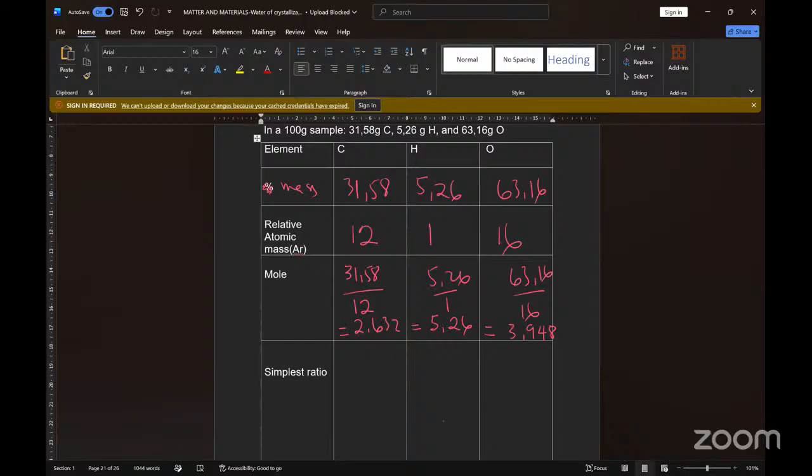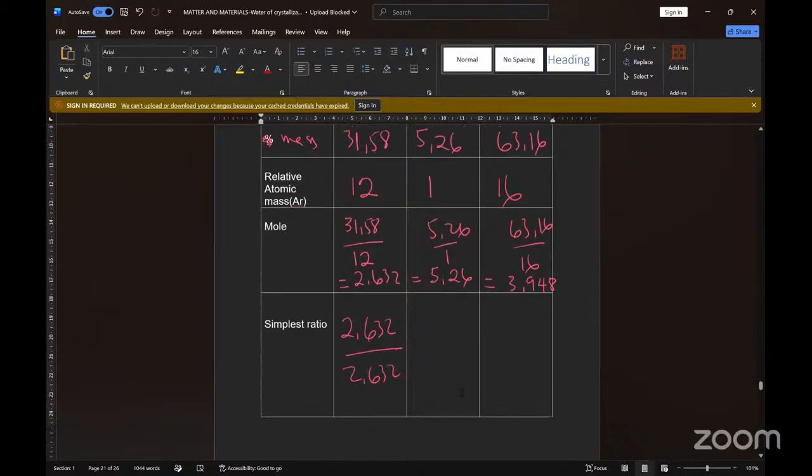So we inspect it and look for the smallest value. This is the smallest value. So we divide through by the smallest value. So this is 2,632 divided by itself, 2,632. Then we go to the next one.